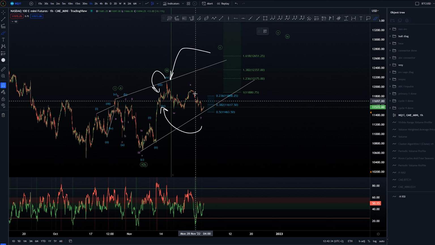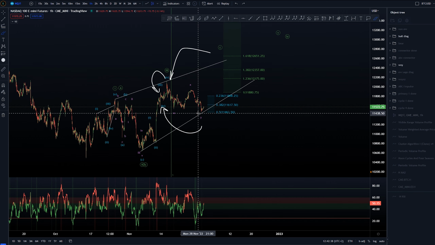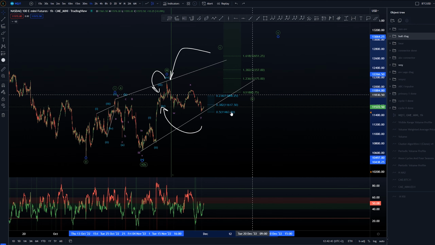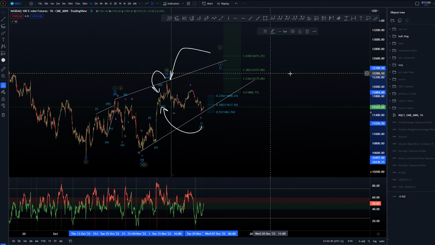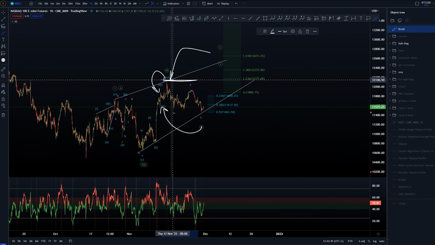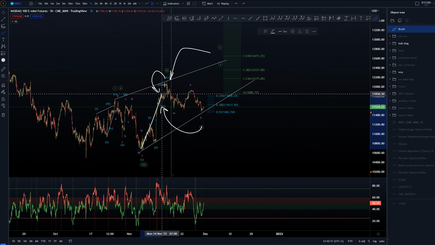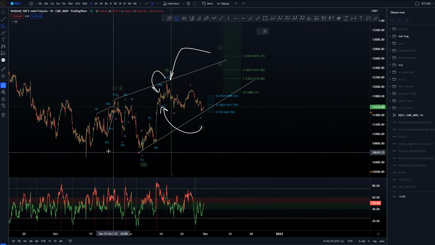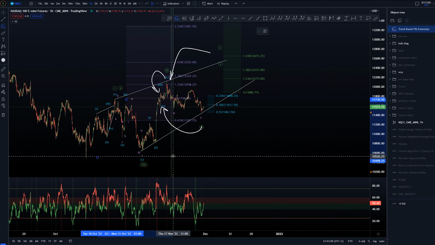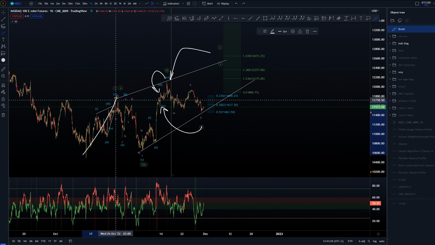We would have to be saying that, okay, this structure here is starting to be done, and we would be looking for that wave 5 soon. And again, at that point we would be expecting some kind of divergence, taking out these highs here and being smaller. Well, in this scenario, because it is very abnormal of a structure, generally we don't want to be seeing this where the third wave here is larger than the first structure.